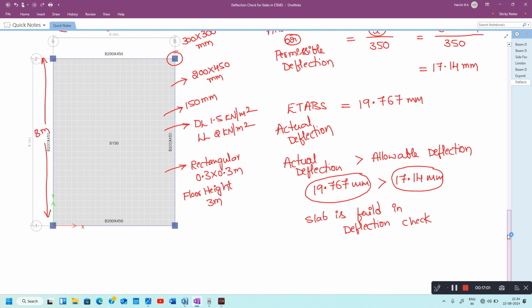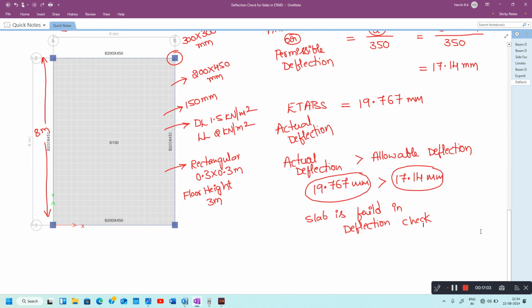So next, what is the solution? The solution is, you can increase the thickness of the slab. So the first solution is increase thickness of slab.